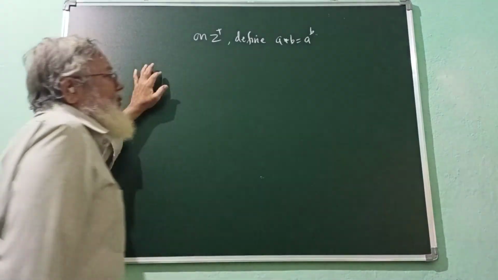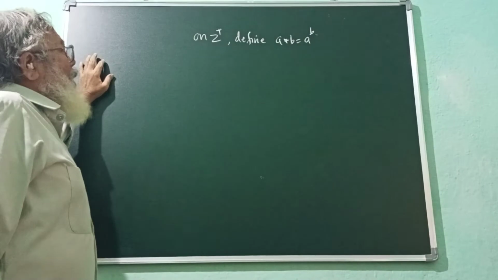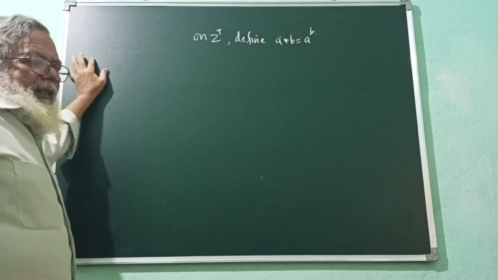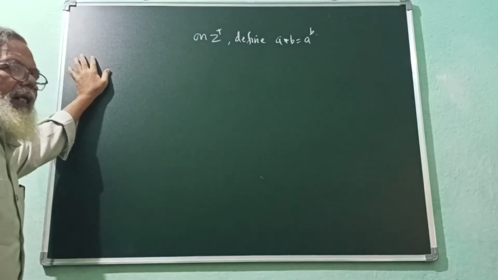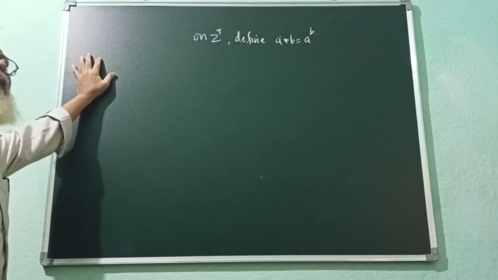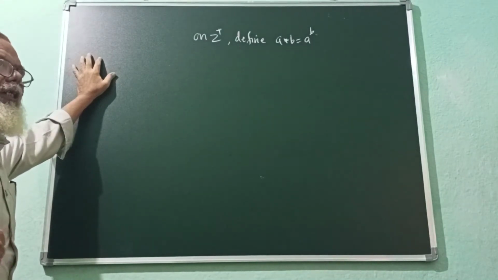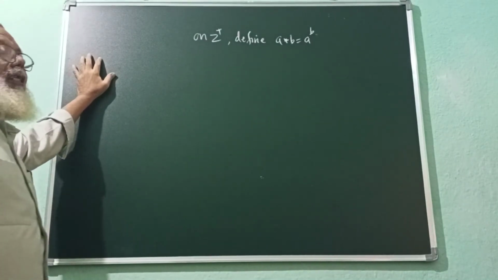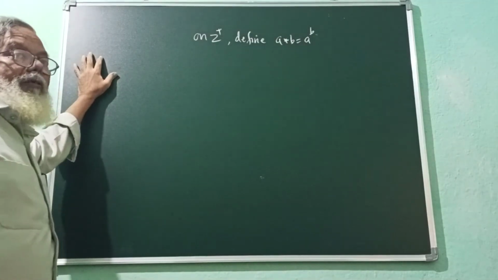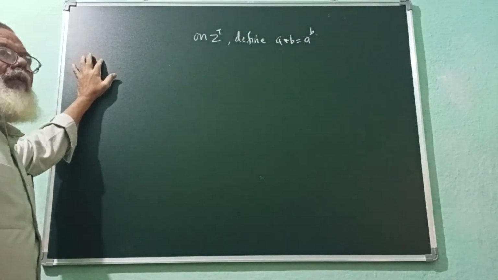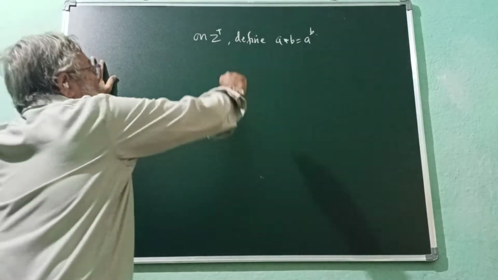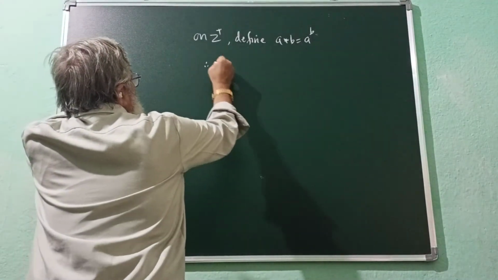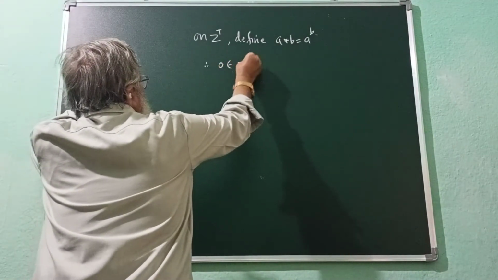Z plus is the set of all positive integers. Here N is the set of all positive integers, no doubt, but it does not include 0. But in Z plus we have 0 here. Therefore we can write 0 belongs to Z plus.